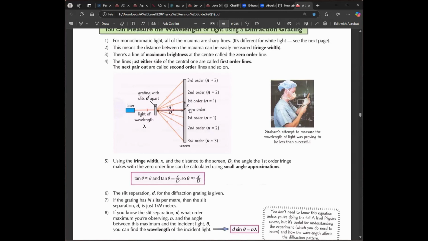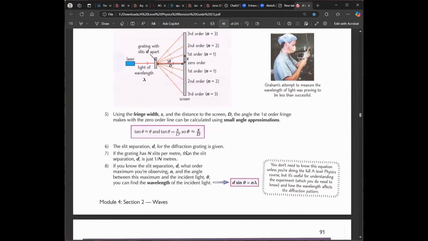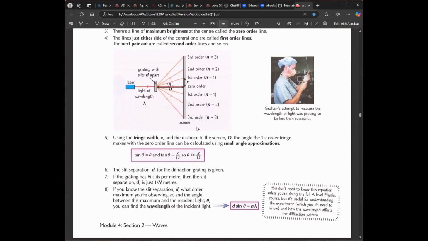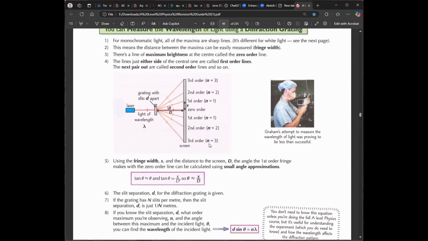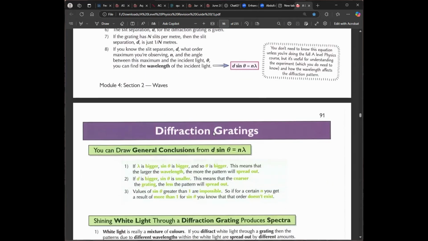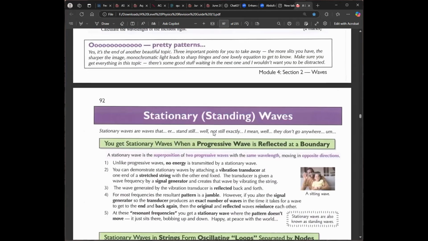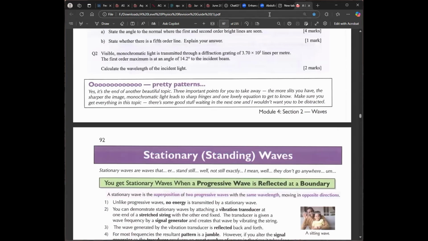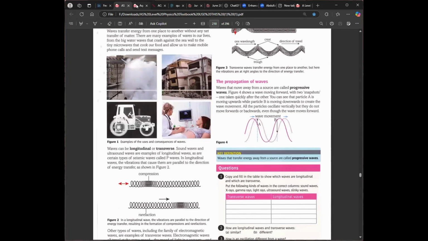The one in the middle is called zero order, then first on both of the sides, then second, then third. Pretty much these are just the formulas that you should know, and that is the only theory that is important. I am going to stop here and try to go through one question that I have.